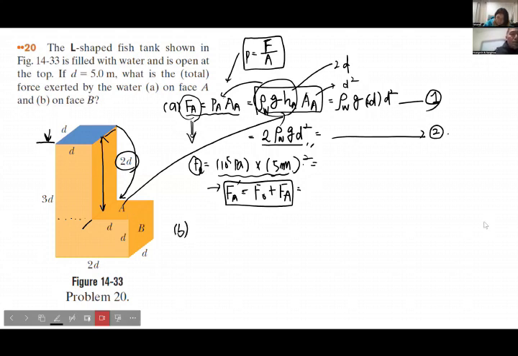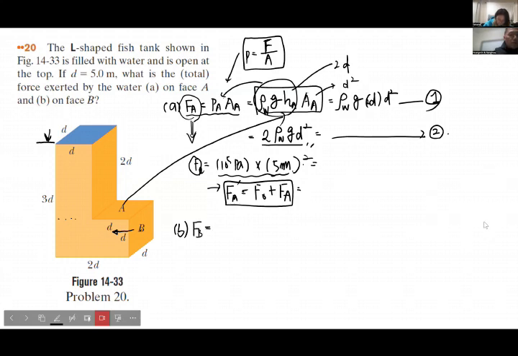Now, instead of face A facing down, face B is facing left, right? So you have to first find out where B is actually located. You apply the same idea.